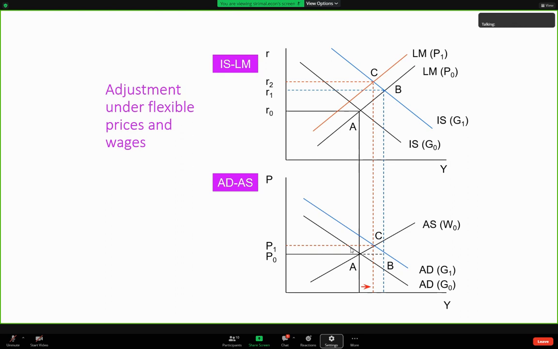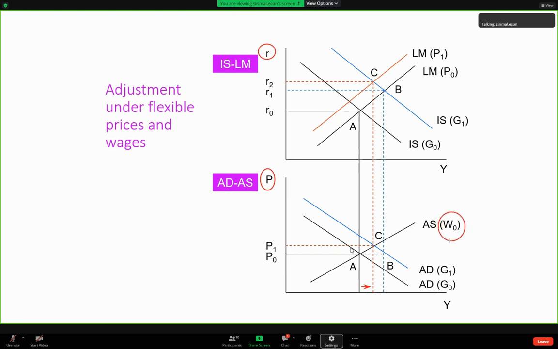If you use monetary and fiscal policies, only the monetary variables will respond. What are the monetary variables here? Interest rate is a monetary variable. Price level is a monetary variable.